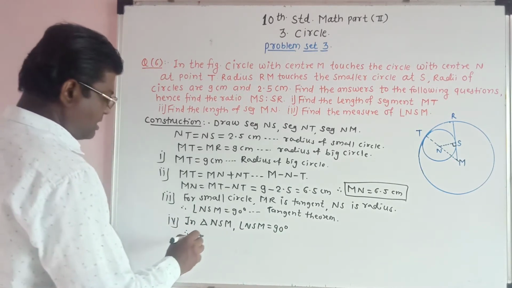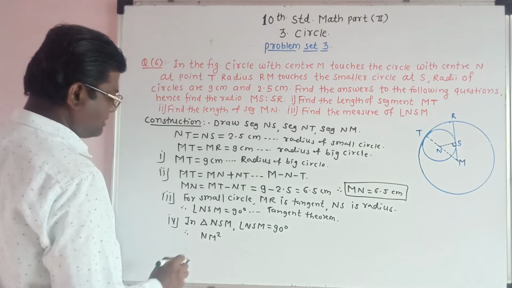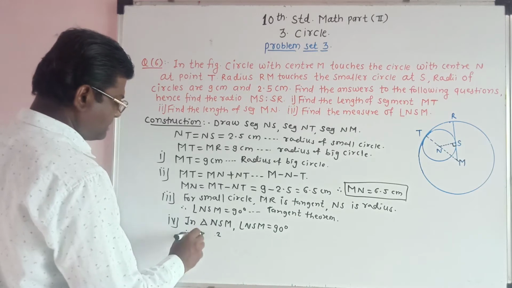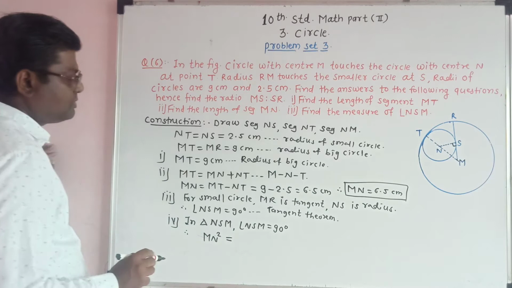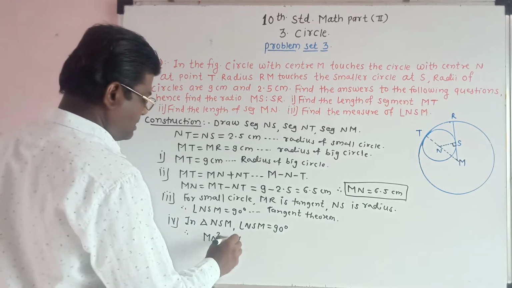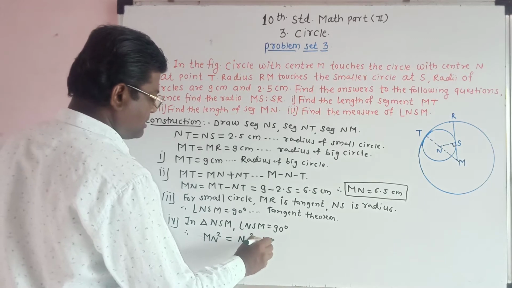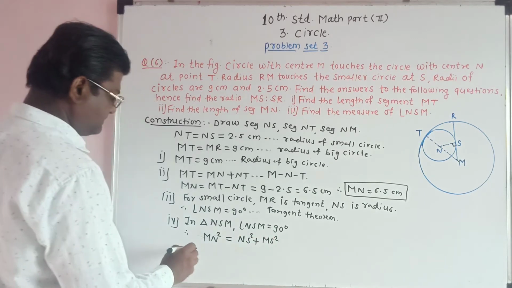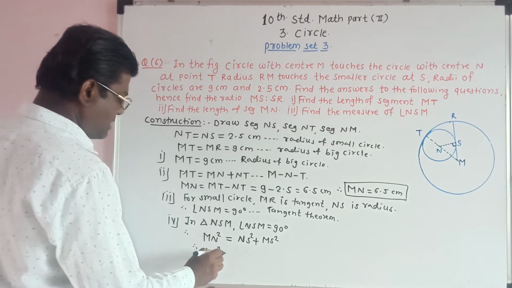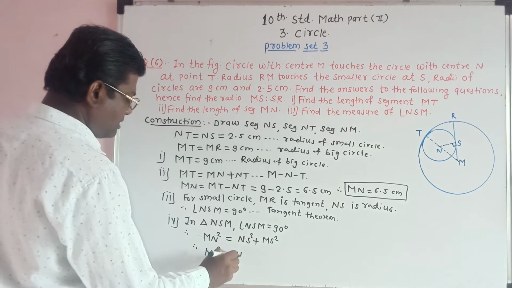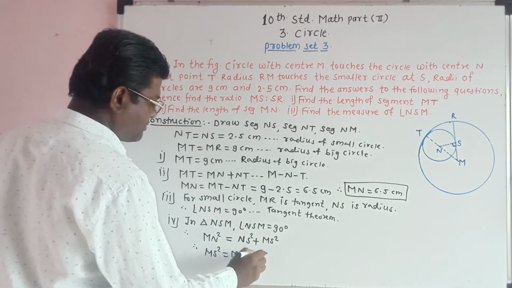Therefore MN square is equal to NS square plus MS square. We have to find MS. Therefore MS square is equal to MN square minus NS square.